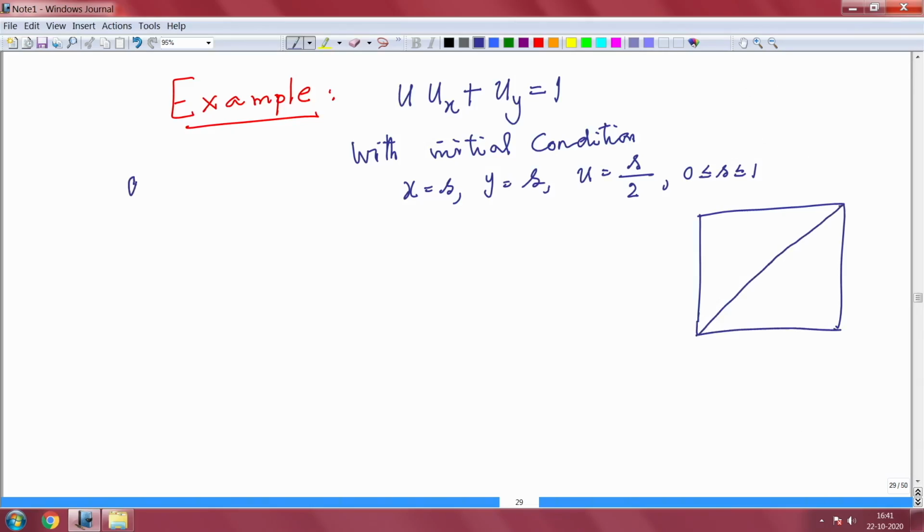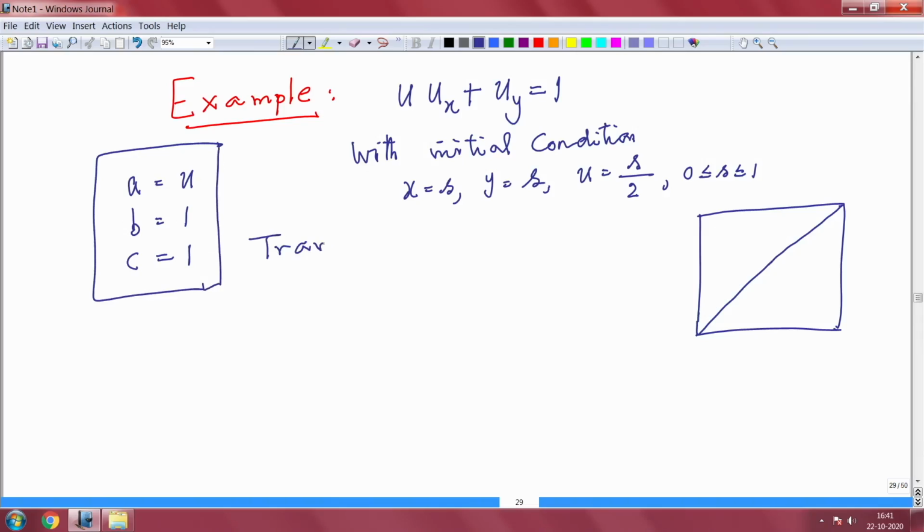Okay, so let us do it. So, what is your a? A is equal to u, your b equal to 1, and c is also equal to 1, right. That is very clear. So, first verify the transversality condition. What is your transversality condition?